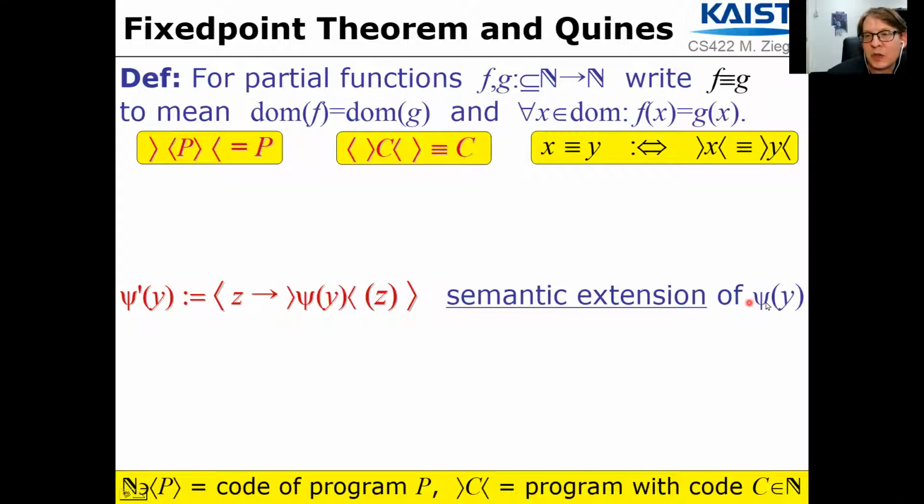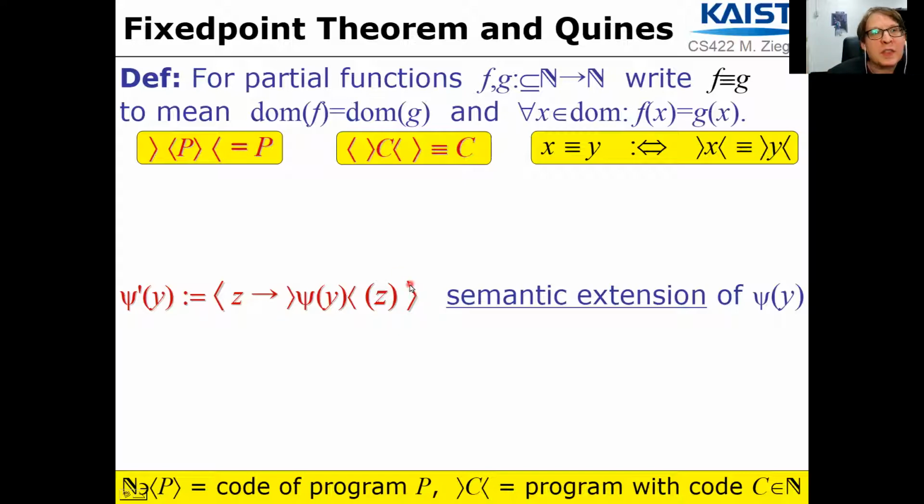So let's check that. If this is defined, then what is the semantics of the program represented by this number? If you put the angle bracket here, then it means a program. What is the semantics? The semantics is precisely that semantics. This is a program that receives some argument z, and then runs on that argument z. This is what we've just written here in a very complicated way. And this is the code of this program.